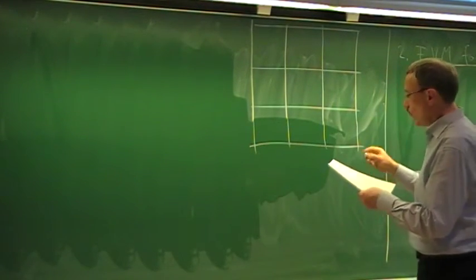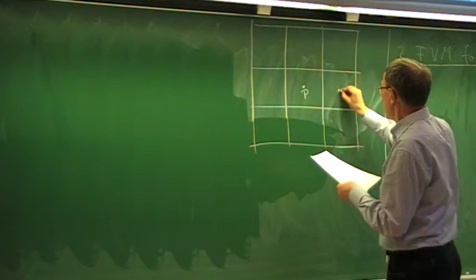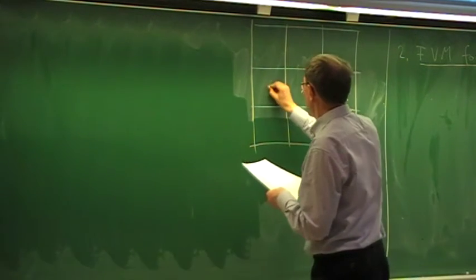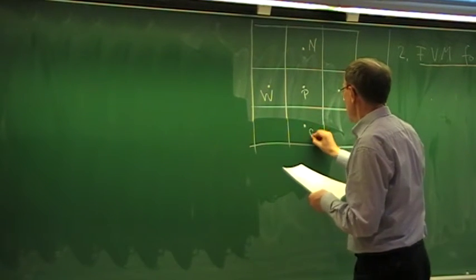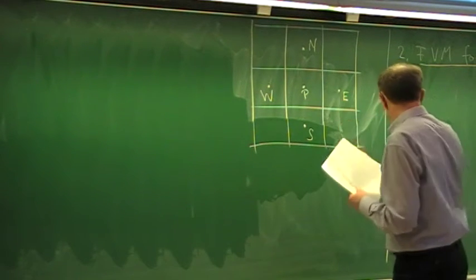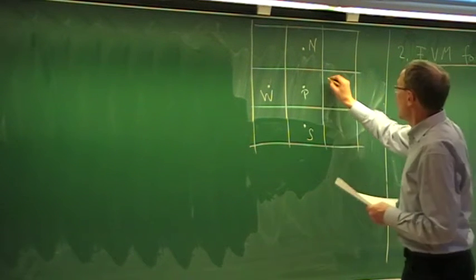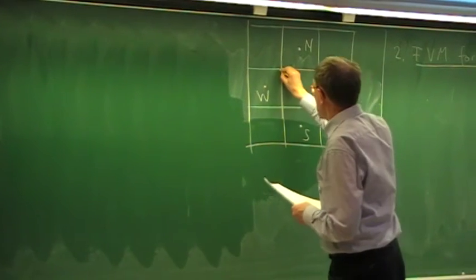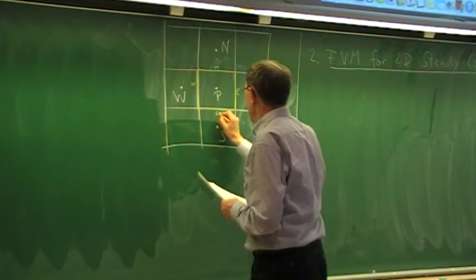So now we have a center node P. Neighboring nodes are E and W as in 1D, but now we have also the northern and the southern nodes. And what we need to compute are the fluxes. Now we have not only the eastern flux and the western flux, but also the northern flux and the southern flux are to be computed.